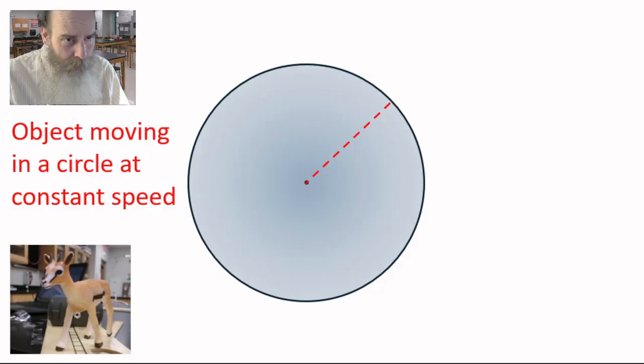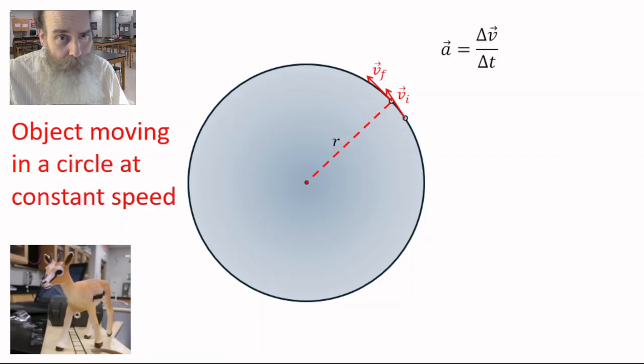Now, let's look at the direction of the acceleration. So here's an object moving in a circle at constant speed. So it starts here and it ends up here. So the initial velocity is v initial, and the final velocity is v final.